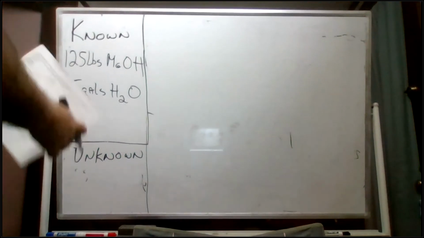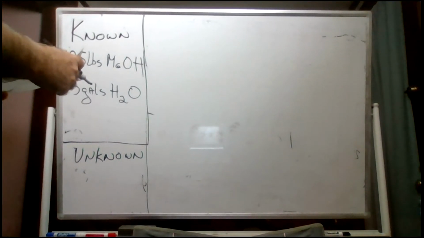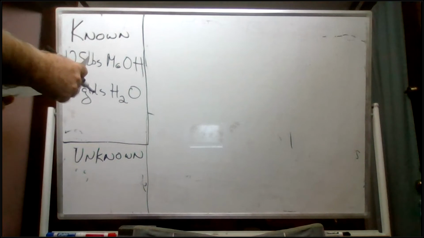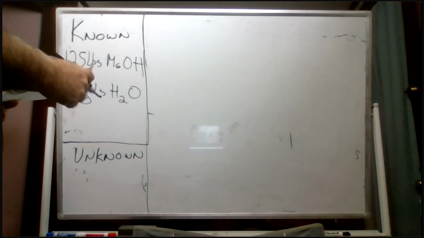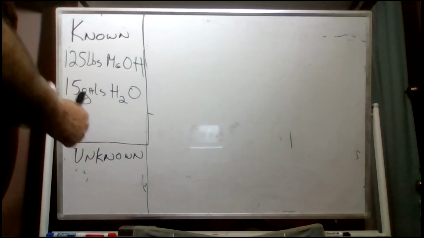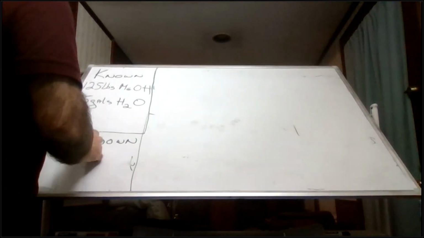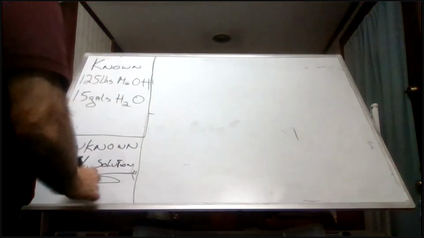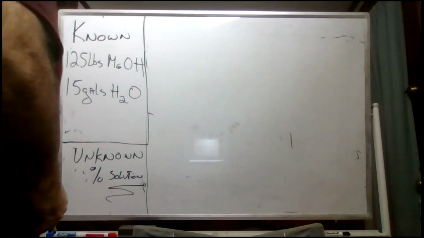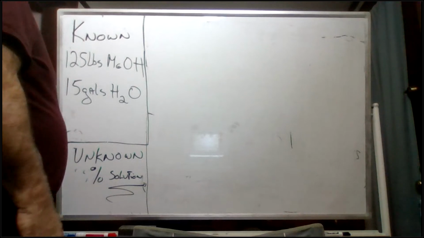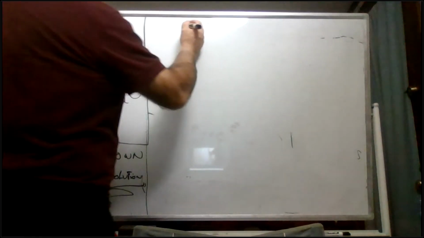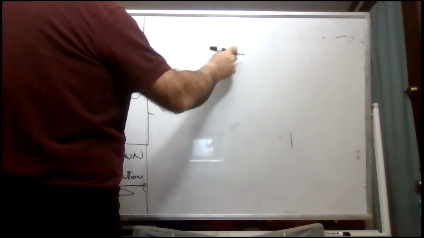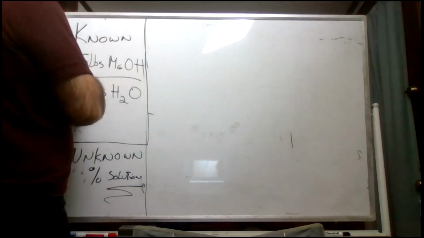15 gallons of water. And the solution is percentage solution strength. So what's the solution strength in percentage? Okay, so here we go. Now, I'm just going to do it this way because we already did the weight, but we got to figure out what the weight is.